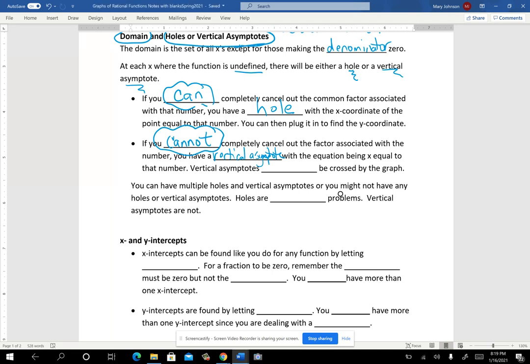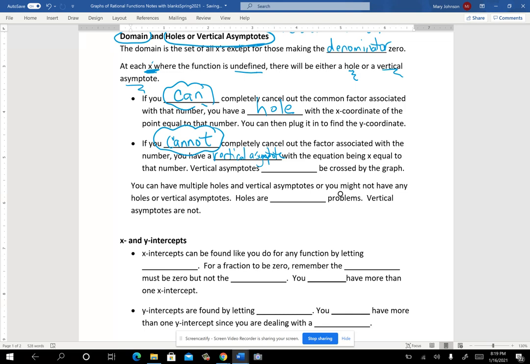So at each x where the function is undefined, you're going to have either a hole or a vertical asymptote. If you can cancel out the factor, then you have just a hole. If you can't, then you actually have a vertical asymptote, which is a bigger problem.